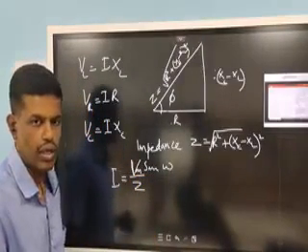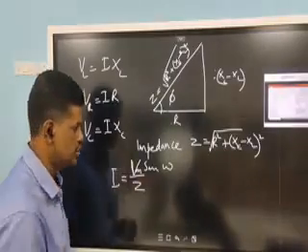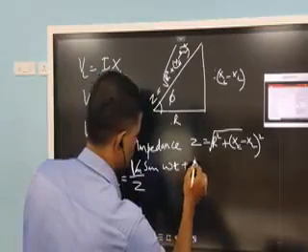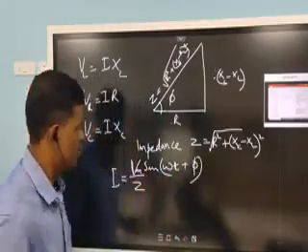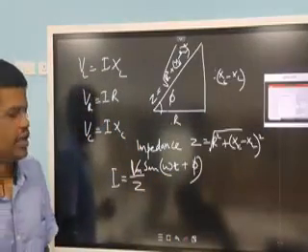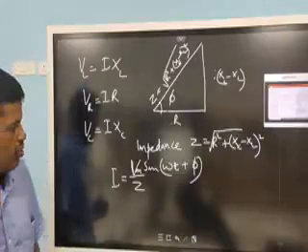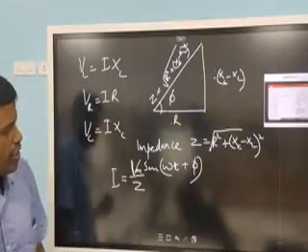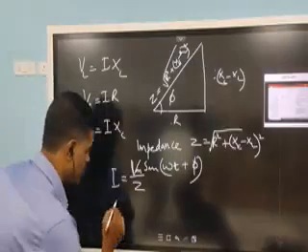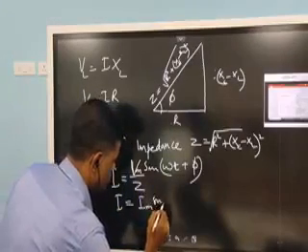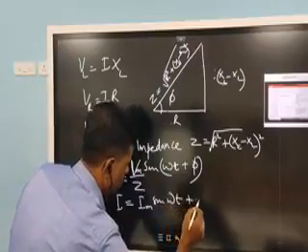Now current is not in phase with voltage, it is at a phase lead, omega t plus phi. So I is equal to Vm by Z sin (omega t plus phi), or we can say I is equal to Im sin (omega t plus phi).